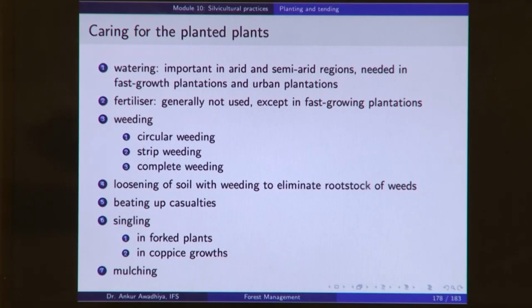In certain areas, you will also have to add fertilizer. Now, fertilizer is generally neither used nor required, for 2-3 different reasons.